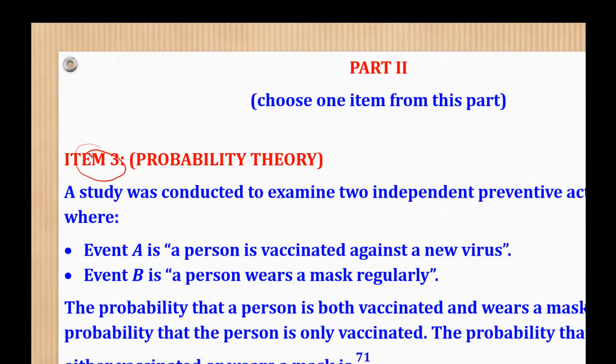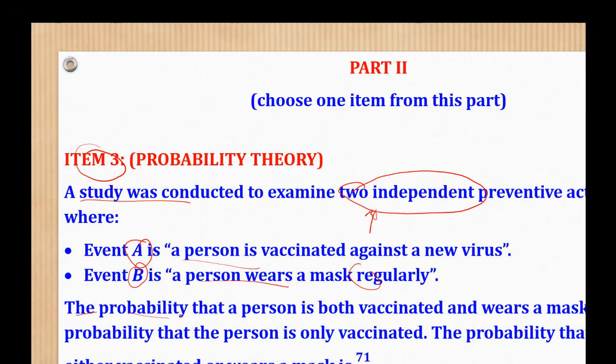We shall go to item 3. Item 3 says, a study was conducted to examine two independent preventive actions, A and B, independent, meaning that A and B are independent events. Event A is a person is vaccinated against a new virus, and event B is a person wears a mask regularly.